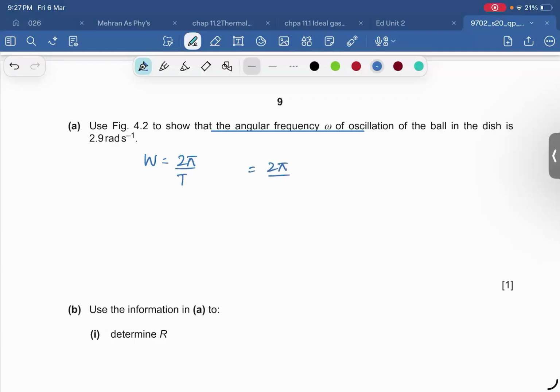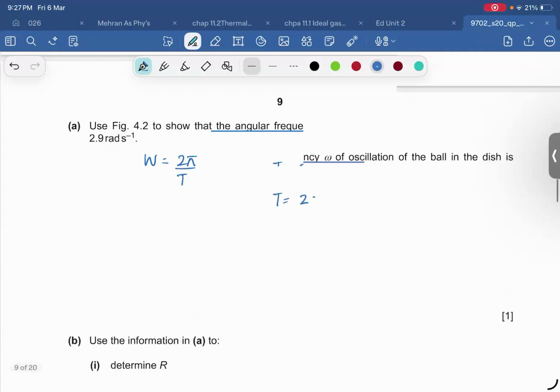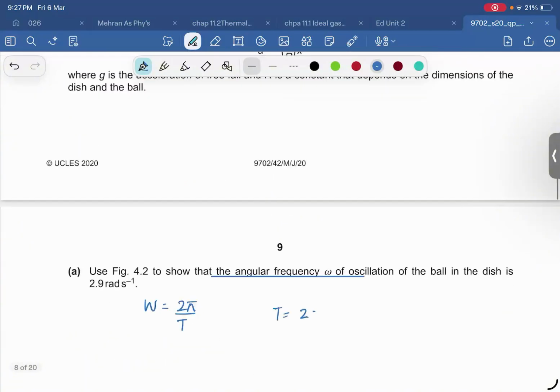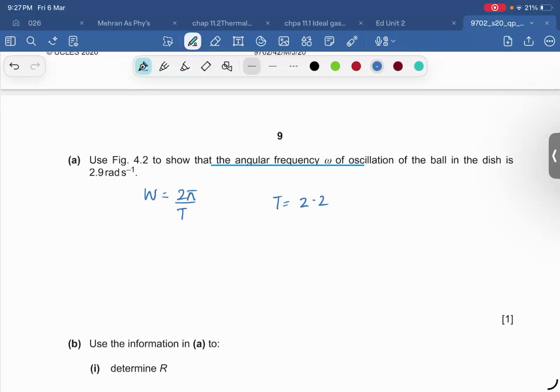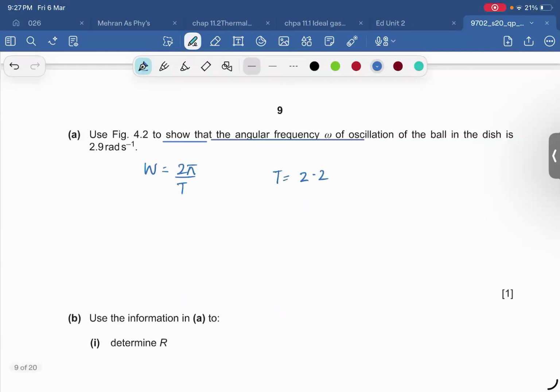Acha, by the way, they're saying show that, so please mention separately that T is 2.2. It's better to say it separately because in a show that question they give you marks when you write everything. Okay, so now do the solution, 2.2 and yep.